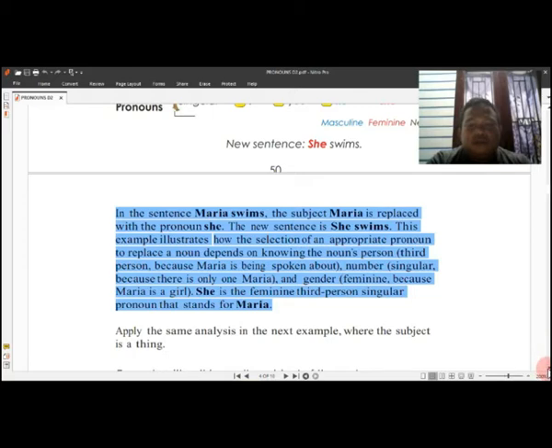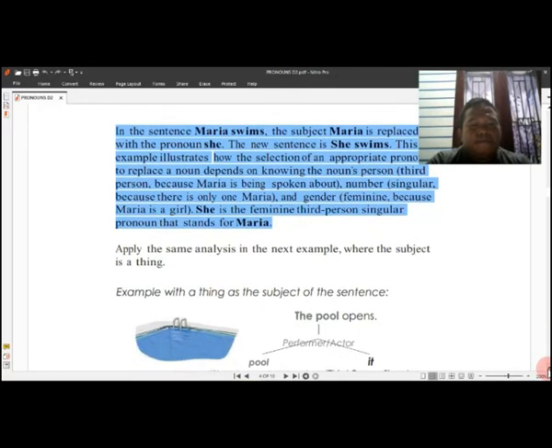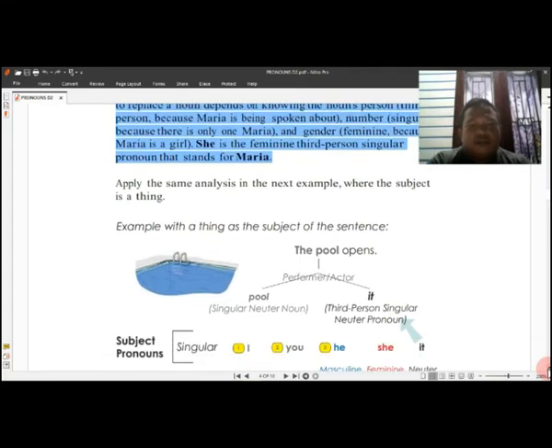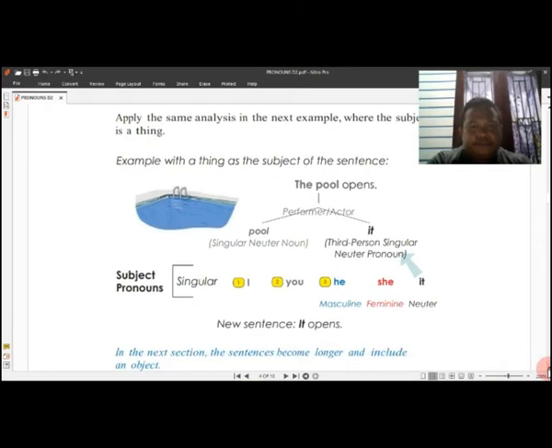Okay, so next, apply the same analysis in the text example where the subject is a thing. In the next example, we can see this example here. The pool opens. From this sentence, we can analyze that the sentence talks about the pool.